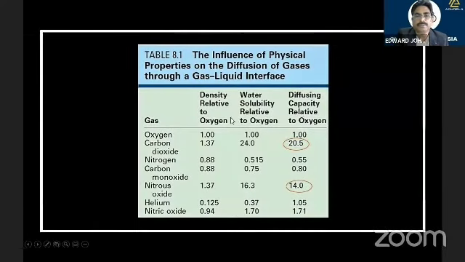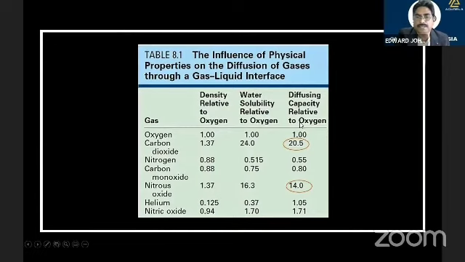Here they have compared the density of oxygen, the water solubility of oxygen and the diffusion capacity of oxygen to other gases. So oxygen is taken as 1. It is compared to the other gases. If you see helium, the density is 0.125 compared to 1, and the water solubility is also 0.37. So helium and oxygen, 50-50%, Heliox, is used in case of airway obstruction.